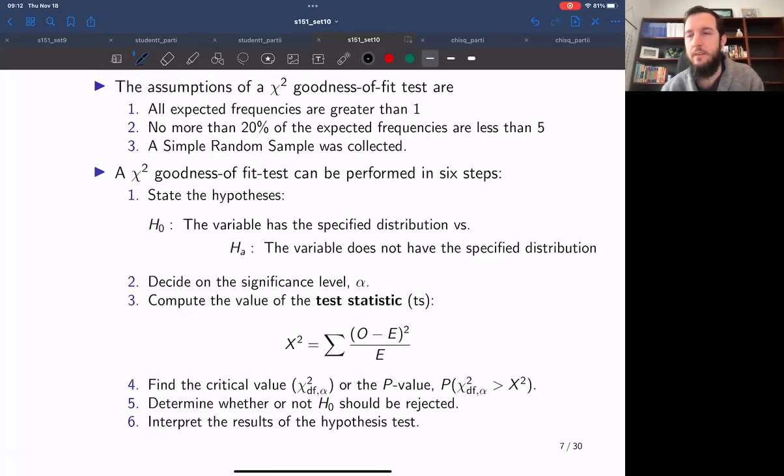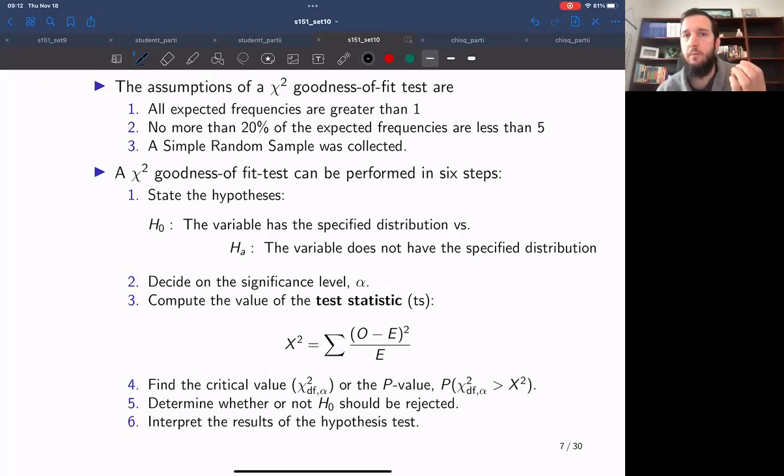Like any hypothesis test, the chi-square goodness of fit test can be run in 6 steps. One of the other things that's nice about this test is that we don't have a concept of being two-tailed or lower-tailed or upper-tailed. All chi-square tests are run in the upper tail, so the skewed tail of the distribution. So there's no concept of dividing alpha by 2 or anything like that. It's always run as kind of like a one-tailed test where you operate in the skewed part of the chi-square curve.